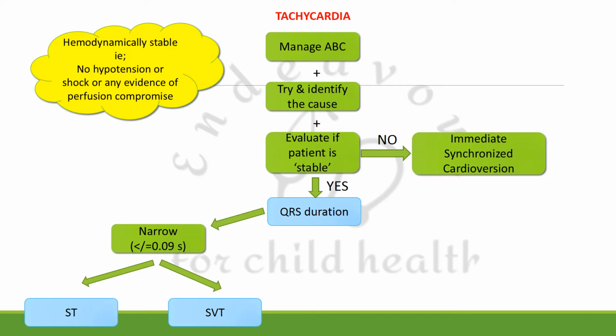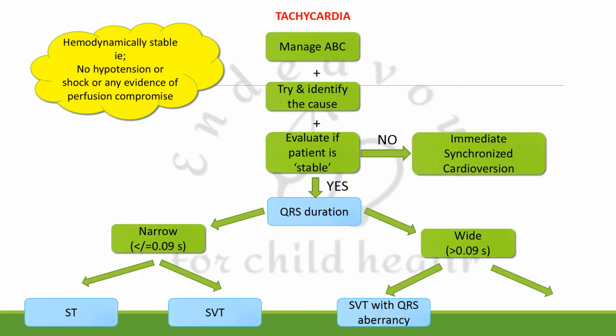The other possibility is that the QRS complex is more than 0.09 seconds wide. That is, it is referred to as a wide QRS complex. Again, there can be two possibilities. First is supraventricular tachycardia with QRS aberrancy, and the next option is a ventricular tachycardia.